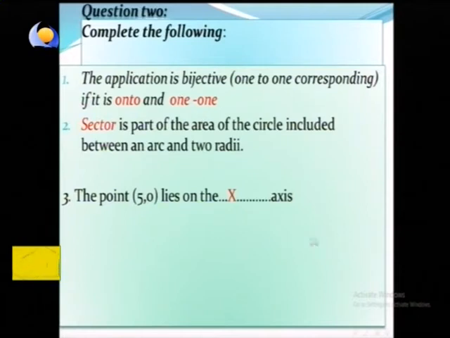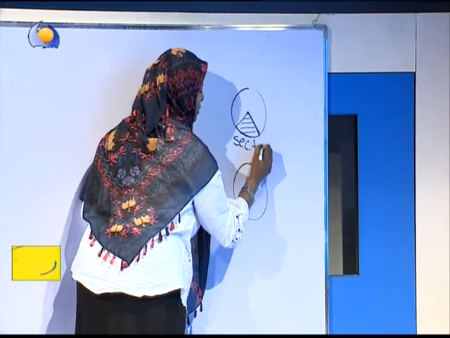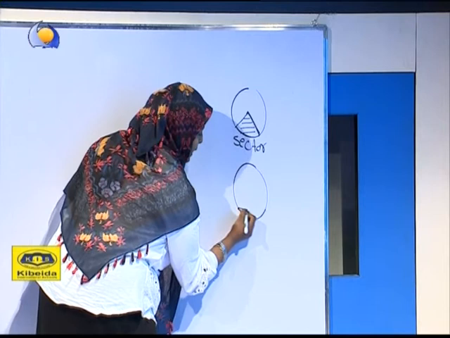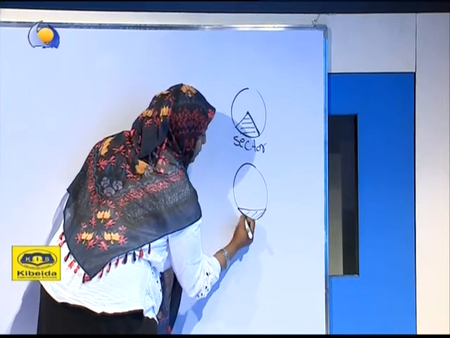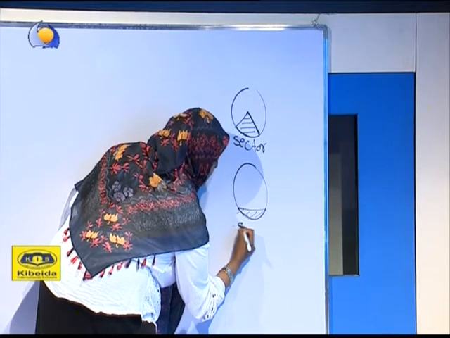If I have this arc, and those are the 2 radii, it's clear that this is the sector. And if I have an arc and a chord, this part of the circle's area is called the segment.